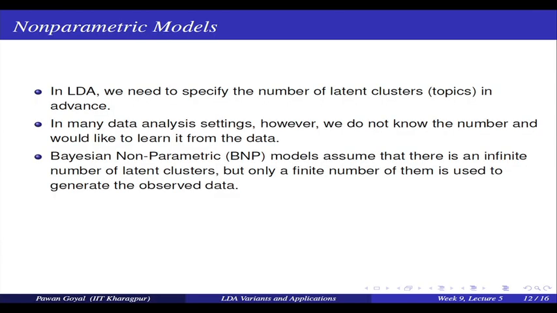Now, finally, we will wrap up this week with some simple discussion on non-parametric Bayesian models. So what do we see in the case of LDA models? In LDA, we are defining that this corpus consists of certain topics, okay, and then for each document I find out what are the topic assignments. For each word I find out what is the topic assignment for that word.